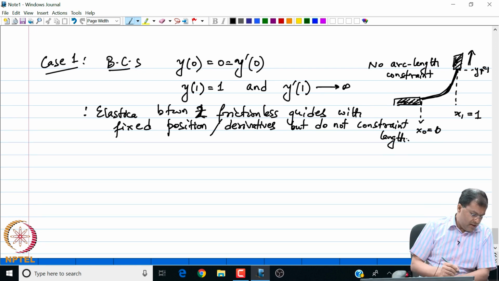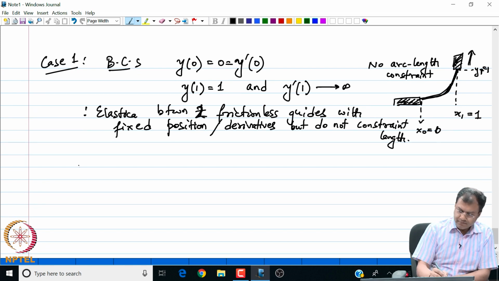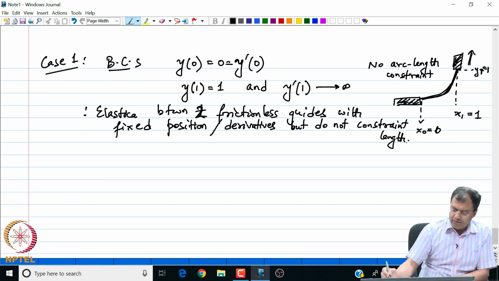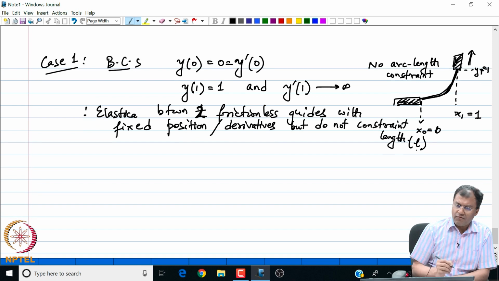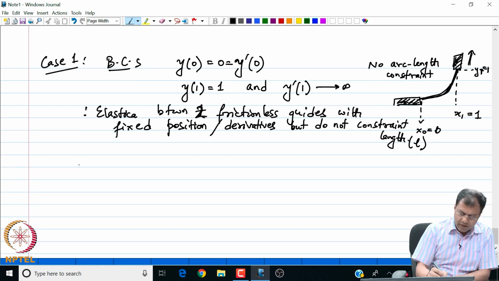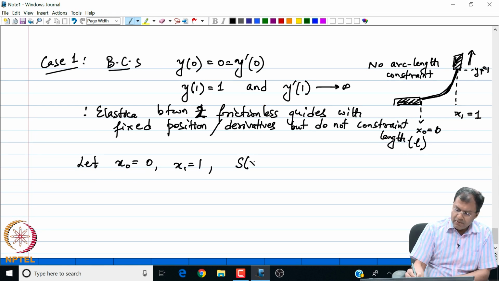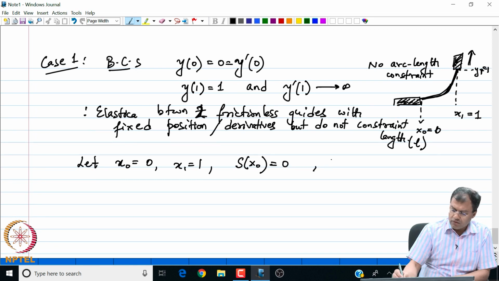So, we have the length L, which is a fixed perimeter, but it is an unknown of the problem. Let me describe the point x 0 is 0 and x 1 is 1, and let me impose that the arc length at the point 0 is 0, and of course, the arc length at x 1 will be equal to L.